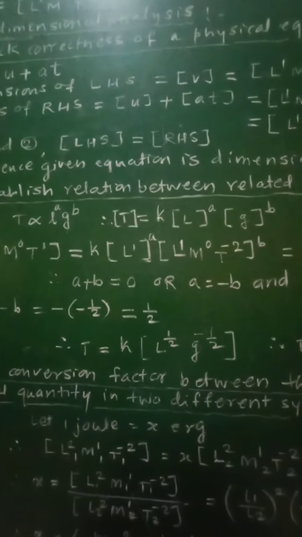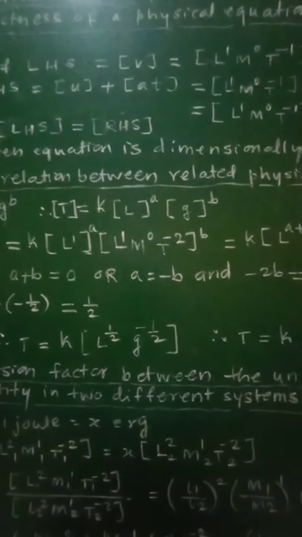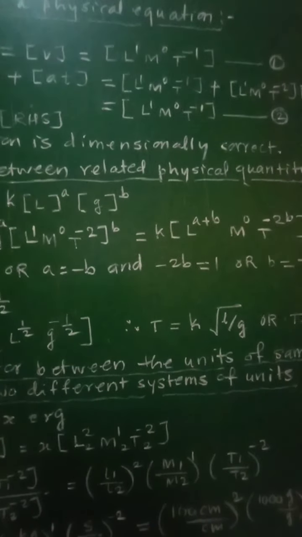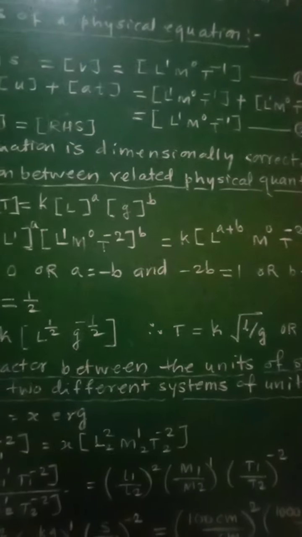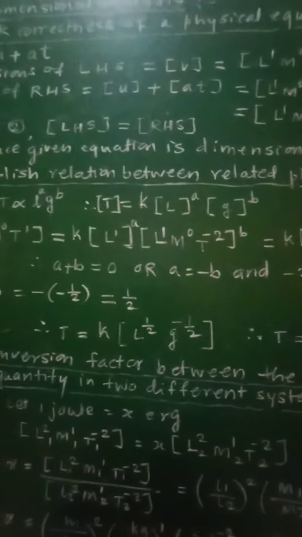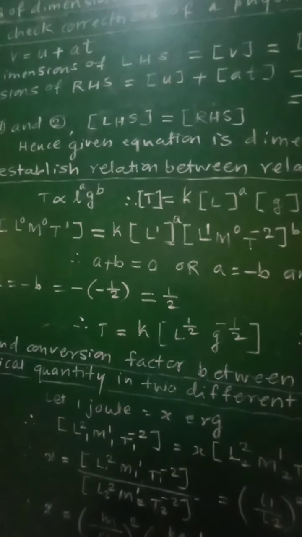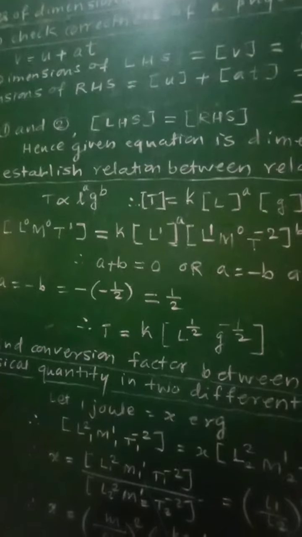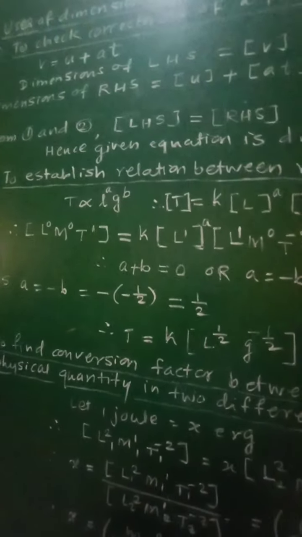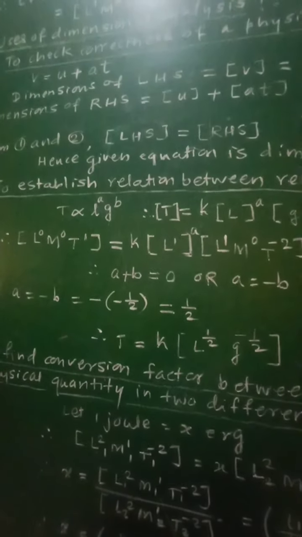By considering dimensional analysis, we can establish the relation between these related physical quantities. In order to obtain that relation, when one physical quantity depends upon two or more physical quantities, we consider the relation in the form of proportionality, and then write the dimensions and proceed.